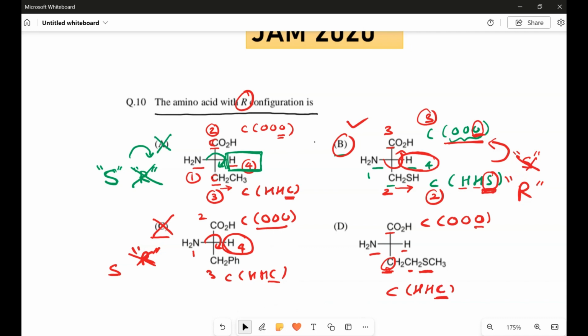Oxygen has a higher atomic number than carbon, therefore this nitrogen has the first priority, carboxylic acid will have the second priority, and this carbon containing the CH2CH2SCH3 will get the third priority, hydrogen 4. So 1, 2, 3 takes a semicircle which is clockwise, but since hydrogen is in the horizontal position, whatever you get is wrong, so S is the answer here. S is not asked, they've asked for R configuration, so the right answer is option B.